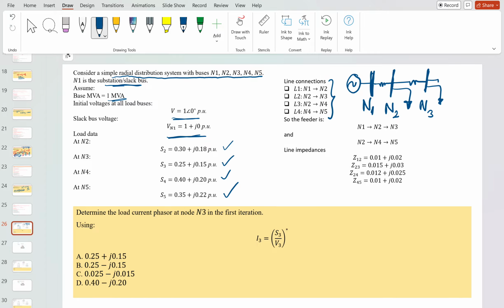Then again you have N4, and then again N5. So this is the basic structure: N1 to N2, N2 to N3 and N2 to N4. So let me erase here.